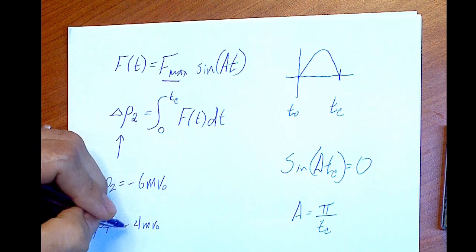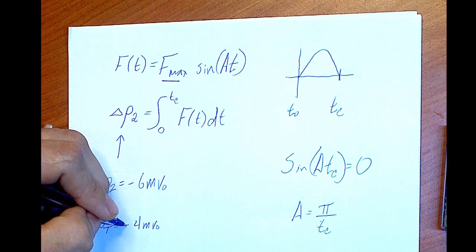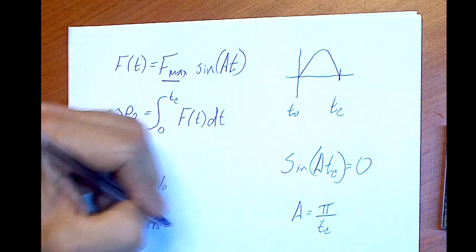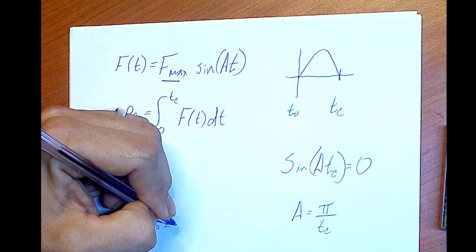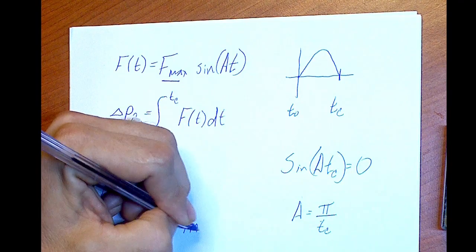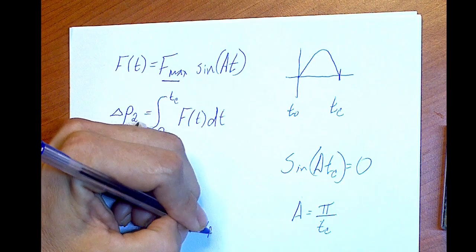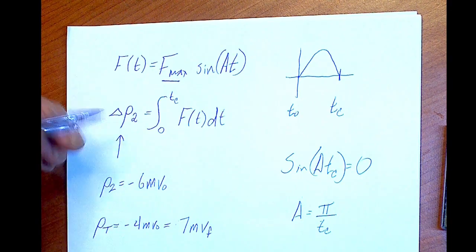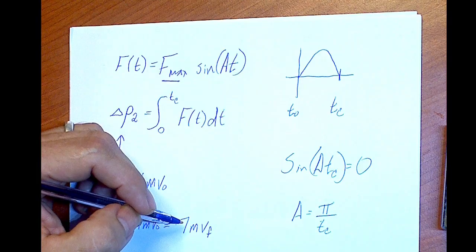The total momentum we solved for, minus 4 m v naught, is going to equal 7 m vf, because the total mass of the two block system is 7m.